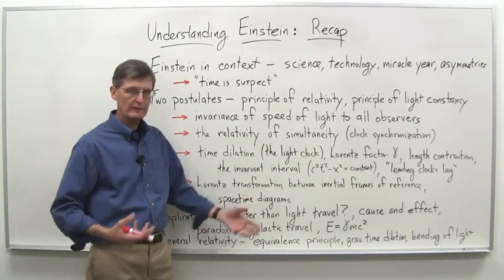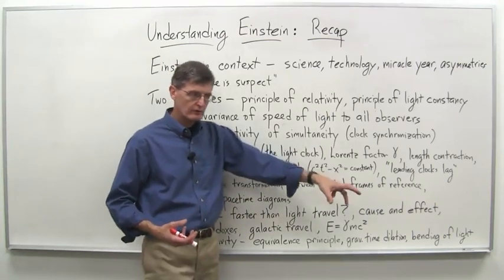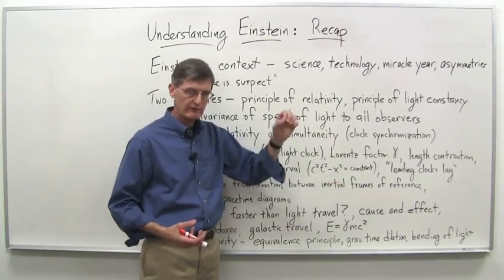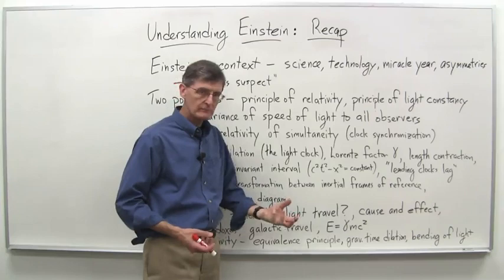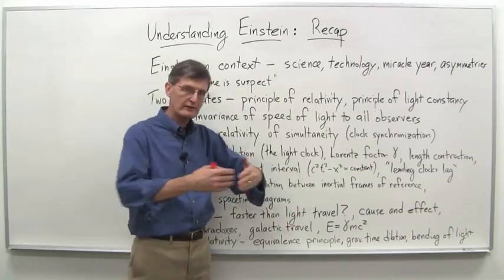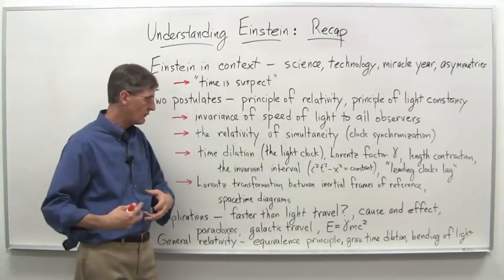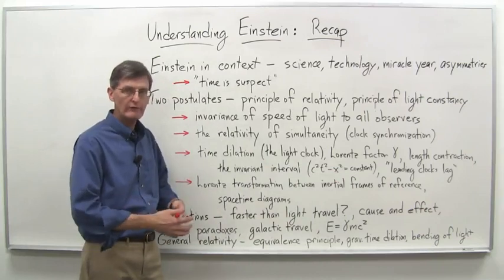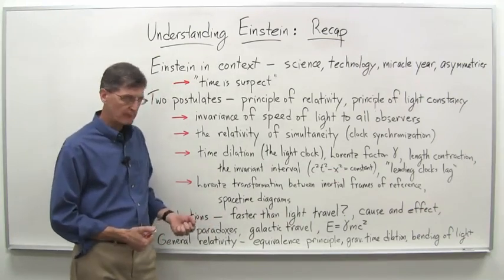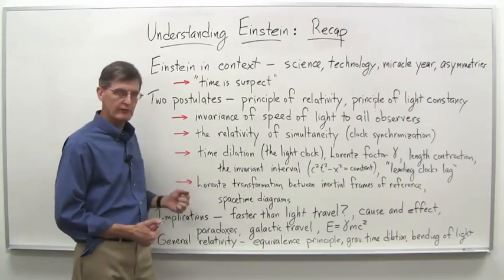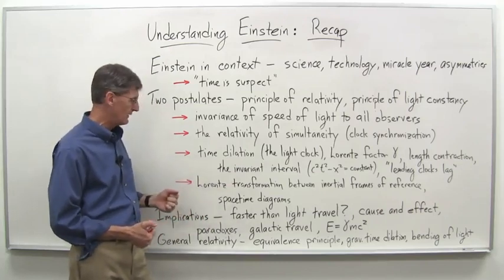If, again, Bob and Alice, if Bob measured a certain event in his frame of reference at a certain position and a certain time, and we knew the velocity between his frame of reference and Alice's frame of reference, we could very easily figure out where that event would occur in space-time in Alice's frame of reference. So that was why the Lorentz transformation became handy to do things like that.